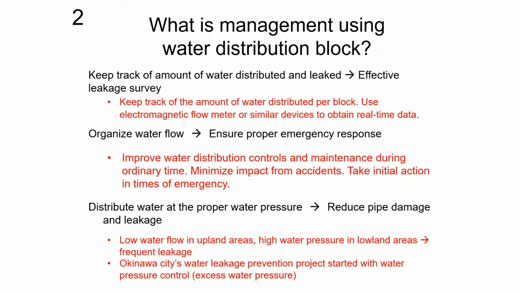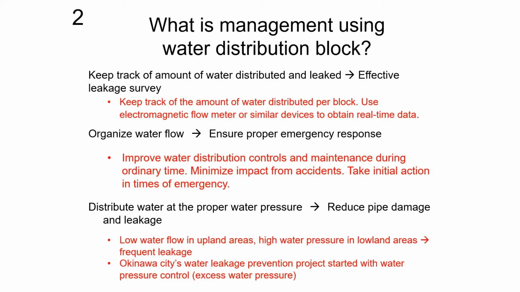Moreover, establishing distribution blocks facilitates water supply with appropriate pressure. With 120 meters of difference in elevation within the city, ensuring proper water pressure has been a big challenge. Areas with high elevation tend to have low water flow problems due to low water pressure, whereas lowland areas tend to have excessive water pressure that causes bursts and eventually increases leak from the damaged pipe.